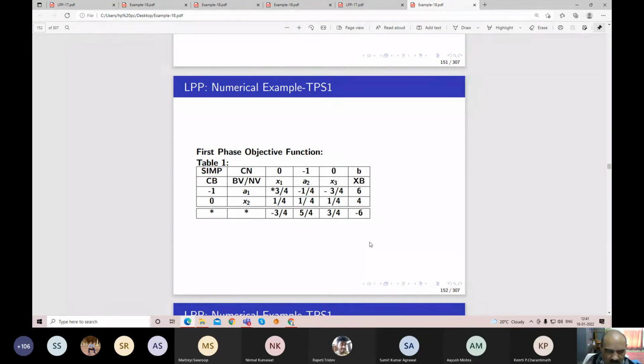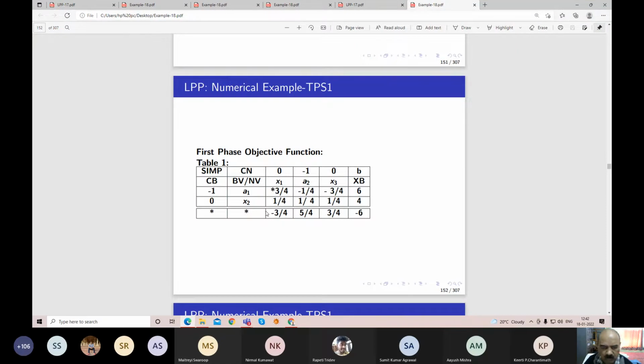We have removed one artificial variable. The artificial variable a2 has become a non-basic variable, so the present value of a2 equals 0. But the artificial variable a1 is still there. The value of a1 is now 6. If you make both 0, then it is ideal.